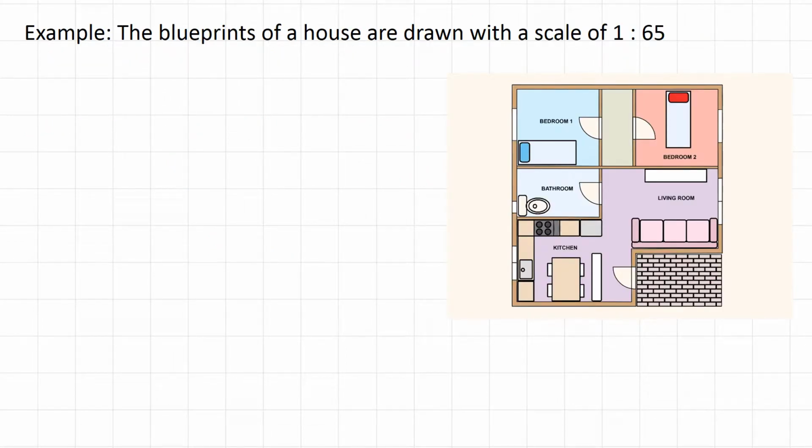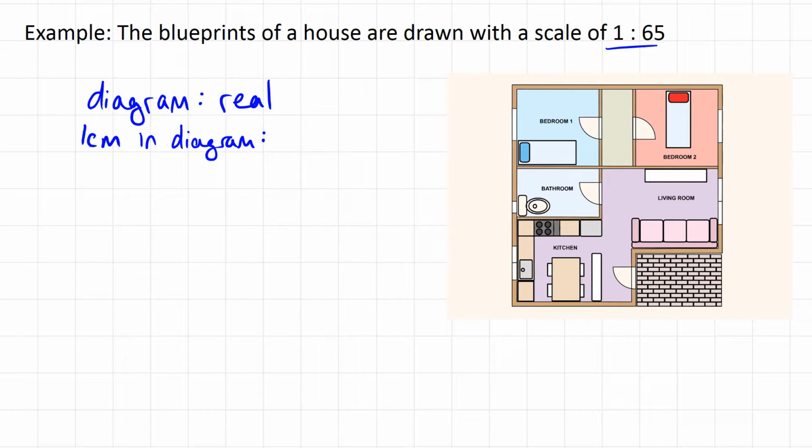So here's an example. The blueprints of a house are drawn with a scale of 1 to 65. So what that means is we have diagram to real. So 1 centimeter in the diagram corresponds to 65 centimeters in real life.